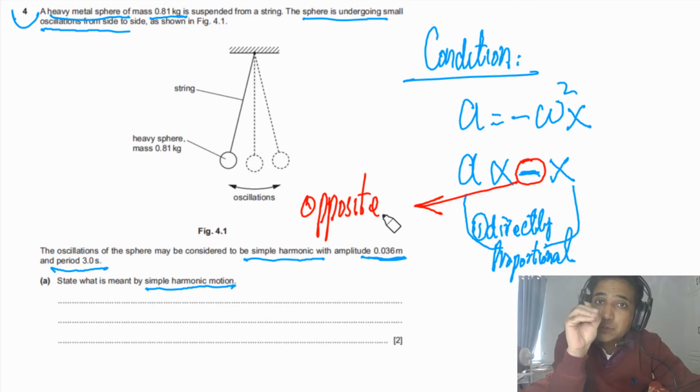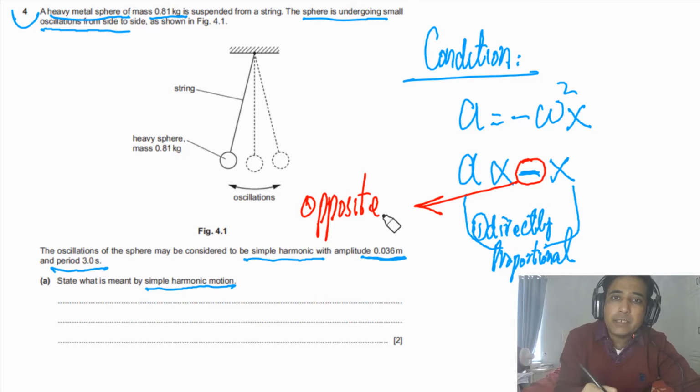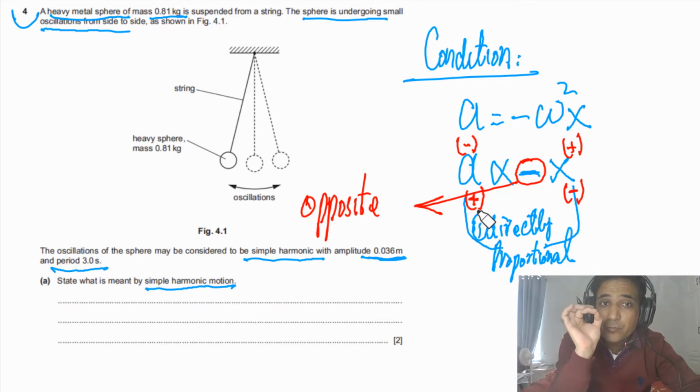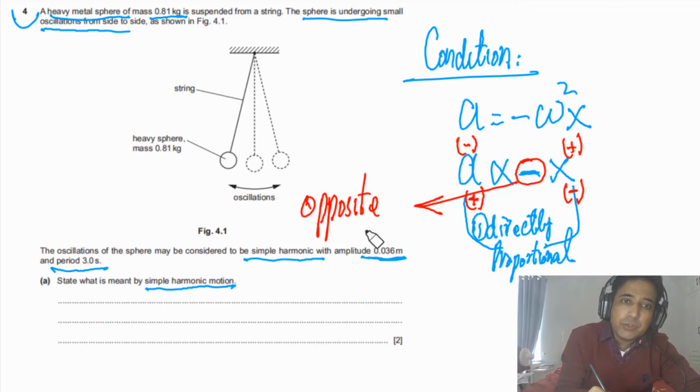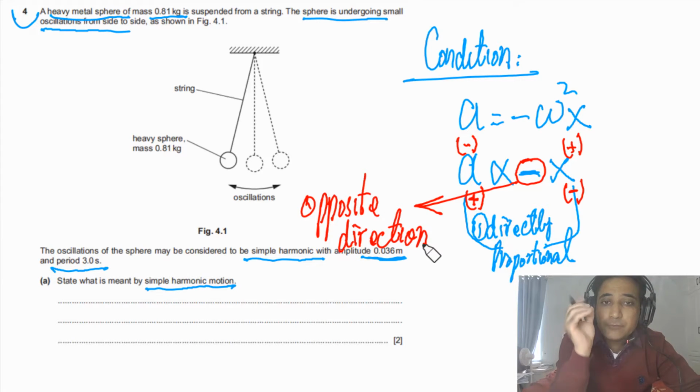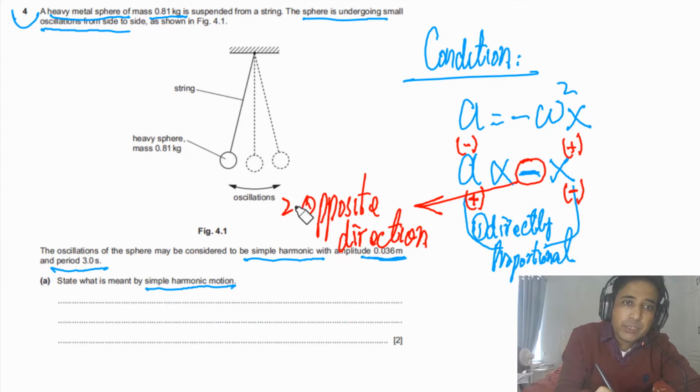So when x is positive, a is negative, and when x is negative, a is positive. This is the significance of the negative sign, so it means opposite direction. And if you write down these 2 points, you will get 2 marks.